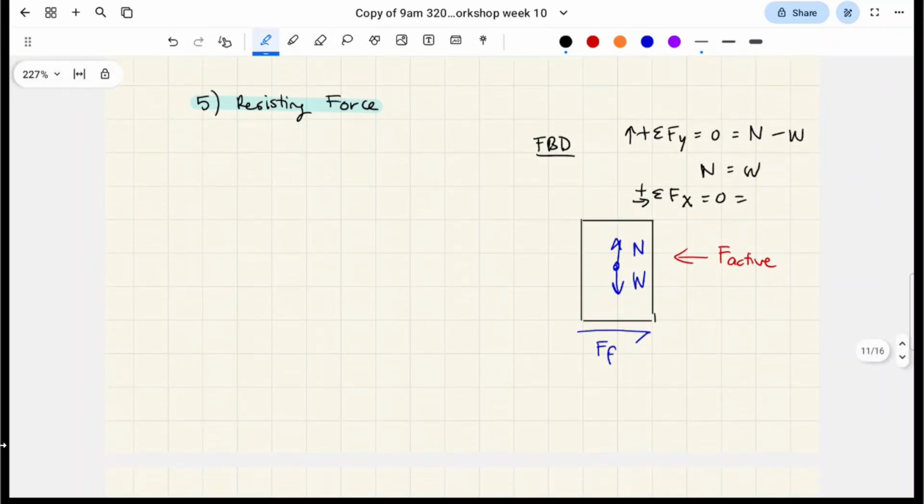We haven't moved yet, but we're calculating the maximum force it gives in friction before it starts moving. So what this means is that we have F_F minus F active, yeah.